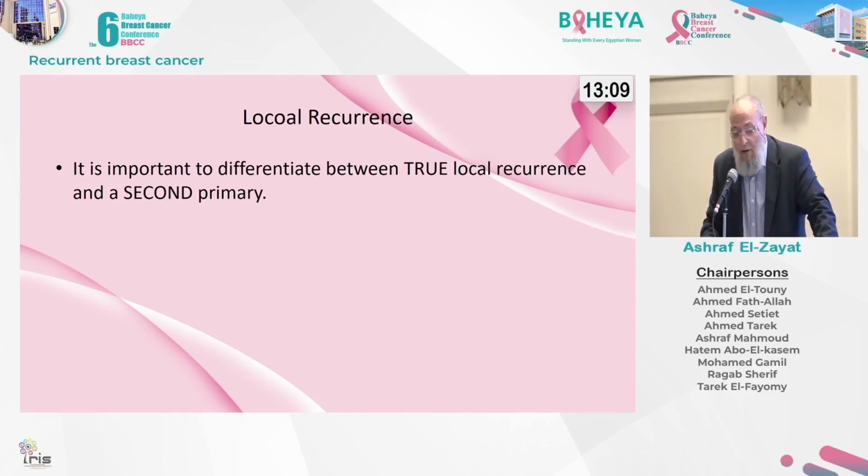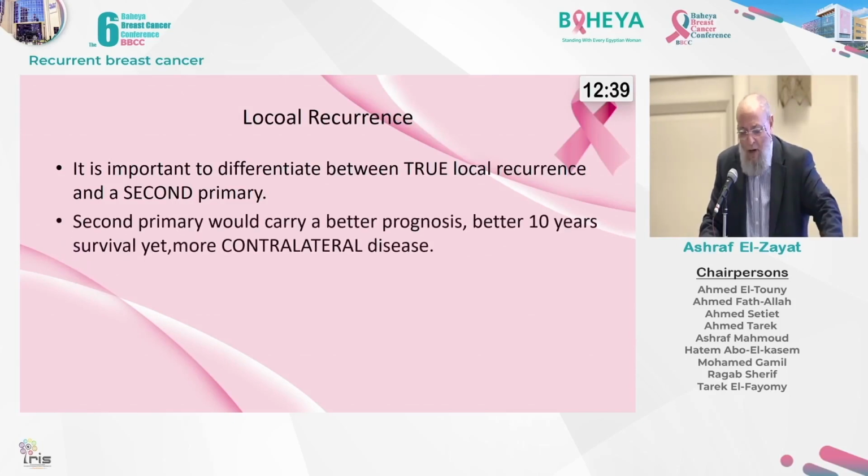Whenever we have a local recurrence, it's important to differentiate between a local recurrence and a second primary, and we talked about it yesterday. You have to see, is it a local recurrence or a new primary? It will have an impact because a second primary will have a favorable prognosis compared to a true recurrence, but also an increase in contralateral disease.